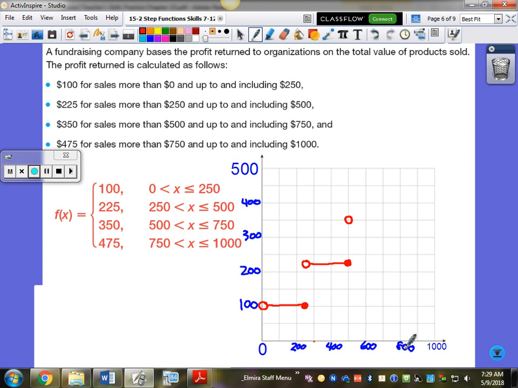So here's 600, 700, 750. And 475, at 750 up to 1,000.